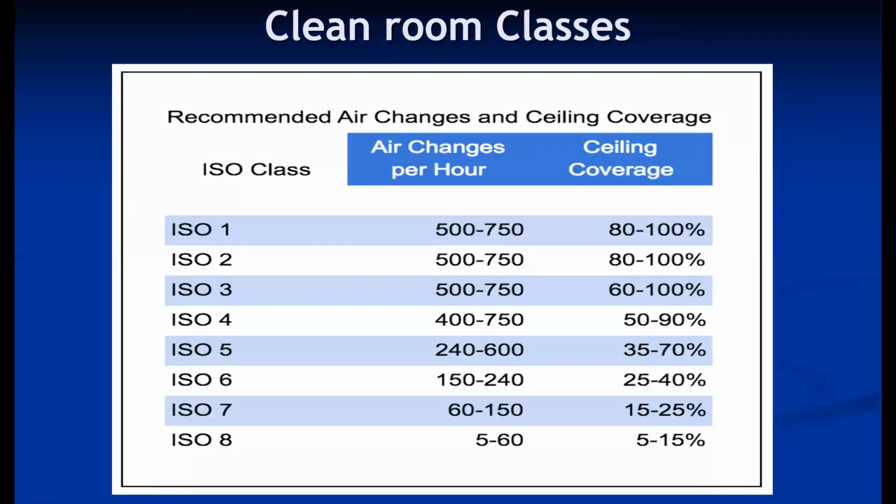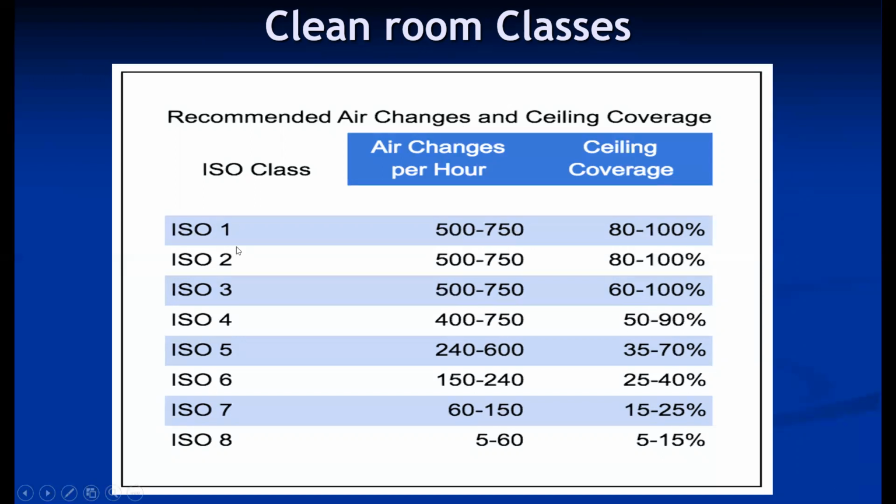Again, depending upon the ISO standards, the recommended air changes are also there. For ISO 1, the recommended air change means more quantity of fresh air is required, around 500 to 700 air changes per hour. Air changes per hour, if you multiply by volume, give the volume flow rate.